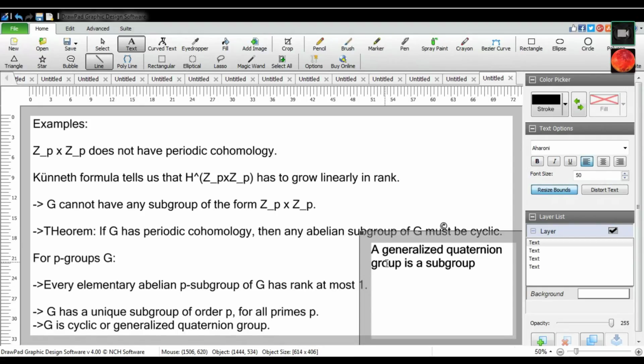A generalized quaternion group is a subgroup of the quaternion algebra generated by K and e to the 2 pi i divided by some K. And we know that if G is a P group and it has periodic cohomology, then it has to be either cyclic or it has to be a quaternion group.